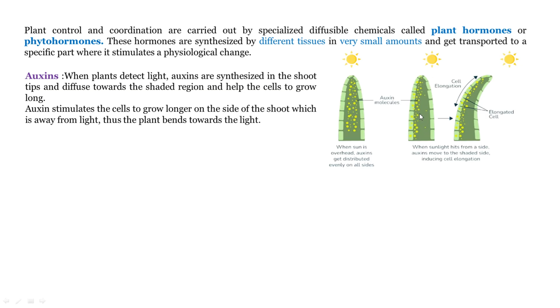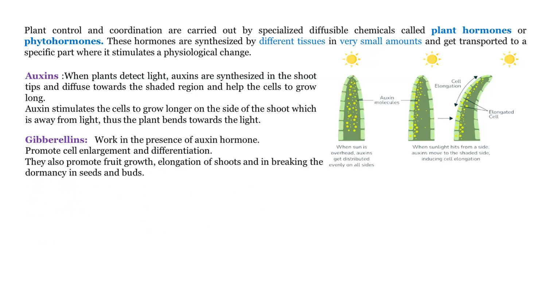There the auxin stimulates the cells to grow longer on the side of the shoot which is in shade, and thus the plant bends, because the part away from the light grows faster than the part towards the light. So when sunlight hits from a side, auxin moves to the shaded side and induces cell elongation. This is how the hormone auxin works.